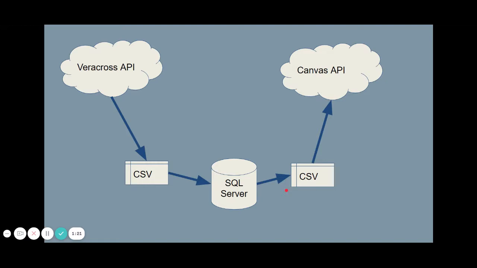This is the basic structure. We're contacting Veracross, pulling CSV down to disk, importing that CSV into SQL Server, exporting it out of SQL Server in Canvas format, and then taking that CSV file and posting it through the Canvas API.